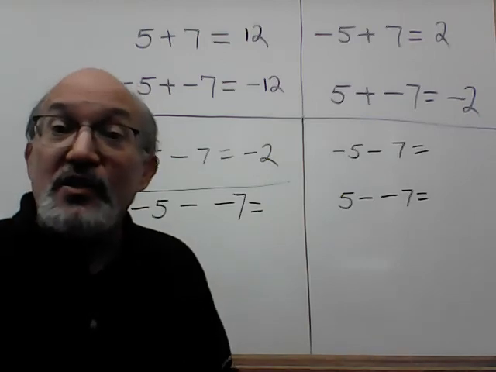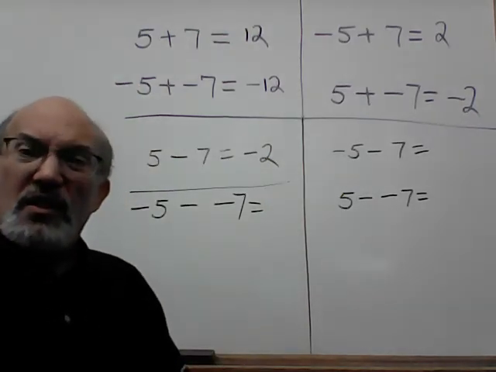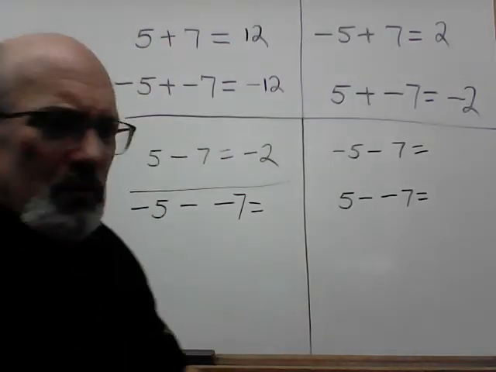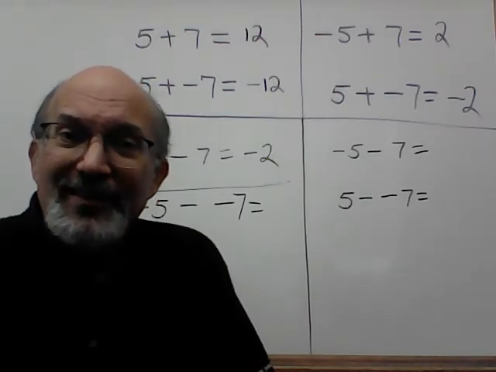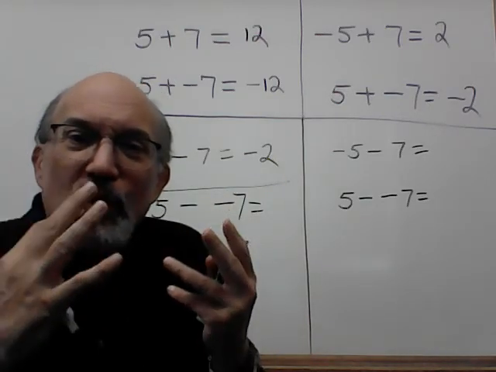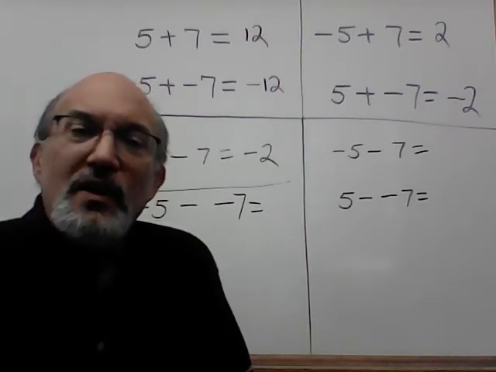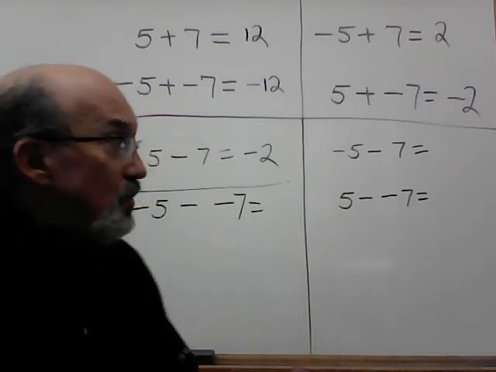Now that's a nonsensical question to a first grader. First grader would think the teacher made a mistake. What do you mean? You can't add something to 7 to get 5. First graders only understand positive numbers, whole numbers which are positive. But we know there's a number you can add to 7 to get 5, and it's negative 2.